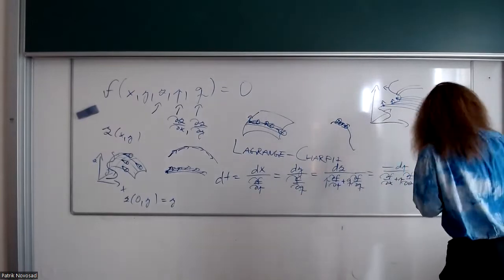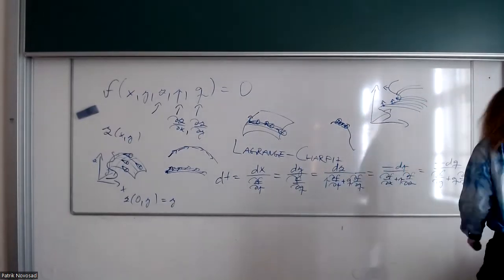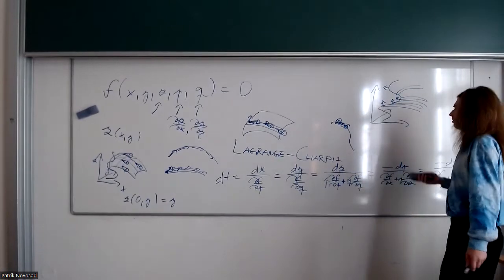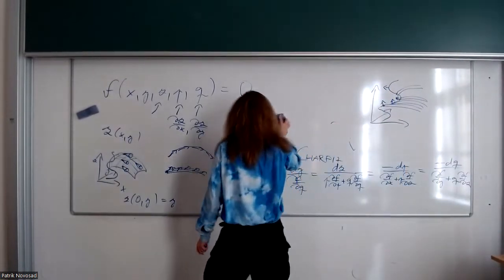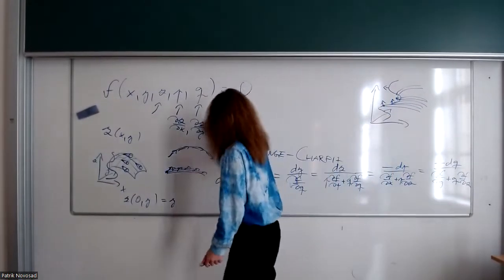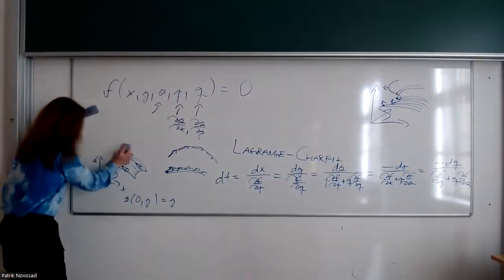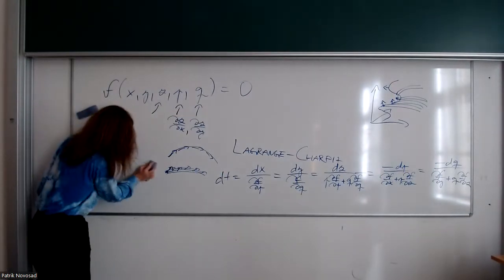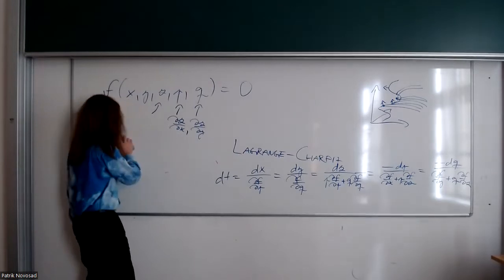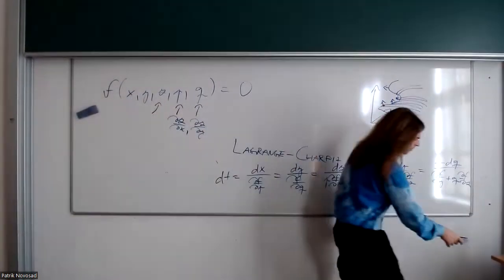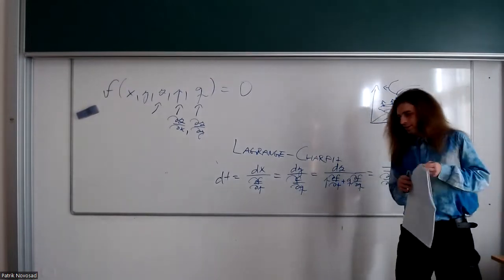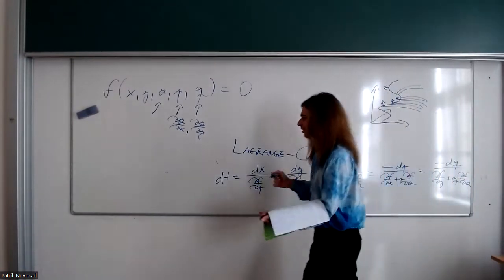I can even use a little example of this because, as I've shown, this is a general procedure for solving these problems. So let's do a little example that will hopefully clarify things.